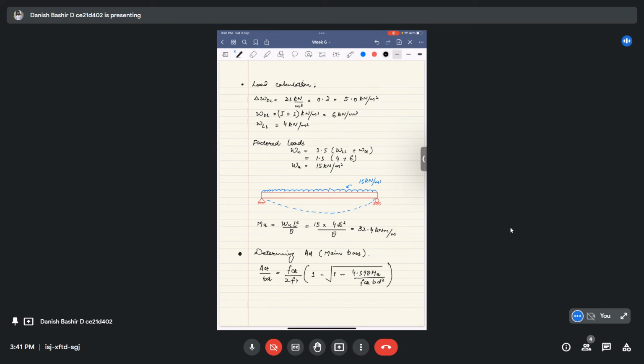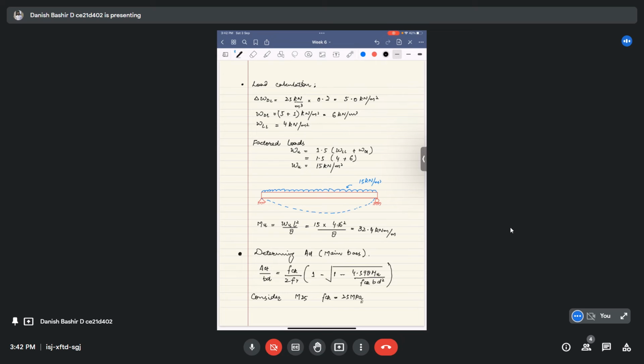Since we have moderate exposure conditions, we can consider M25 grade of concrete, such that fck will be equal to 25 megapascal.